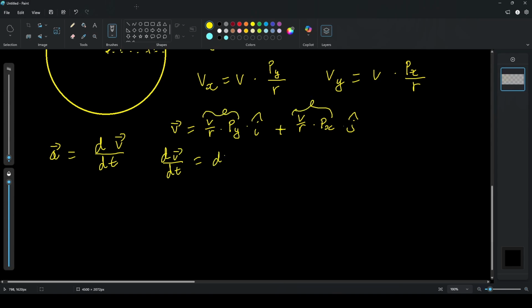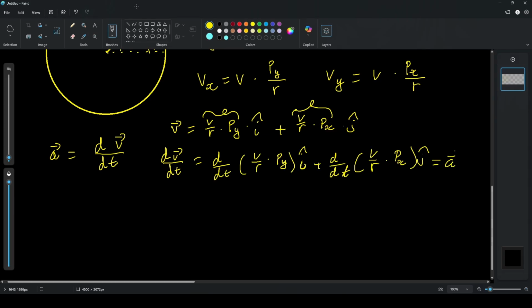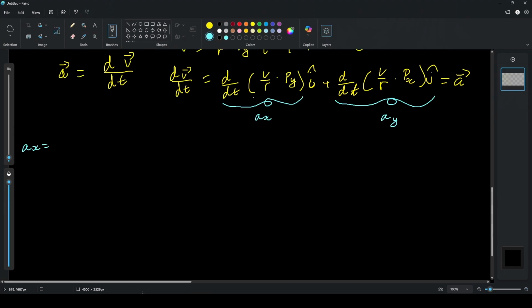So we get d by dt of this, which is, of course, equal to the acceleration. Now, let's look at each of these individually. And going with the same convention, we can name each of these as ax and this as ay. So ax would be this derivative.